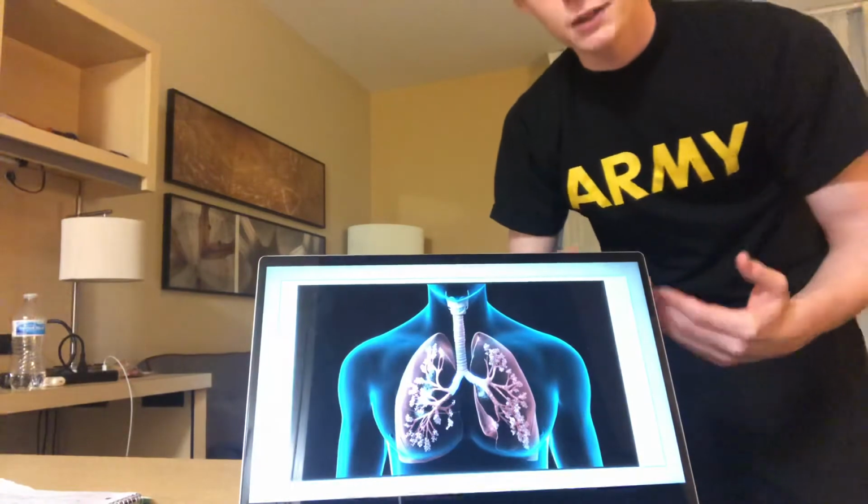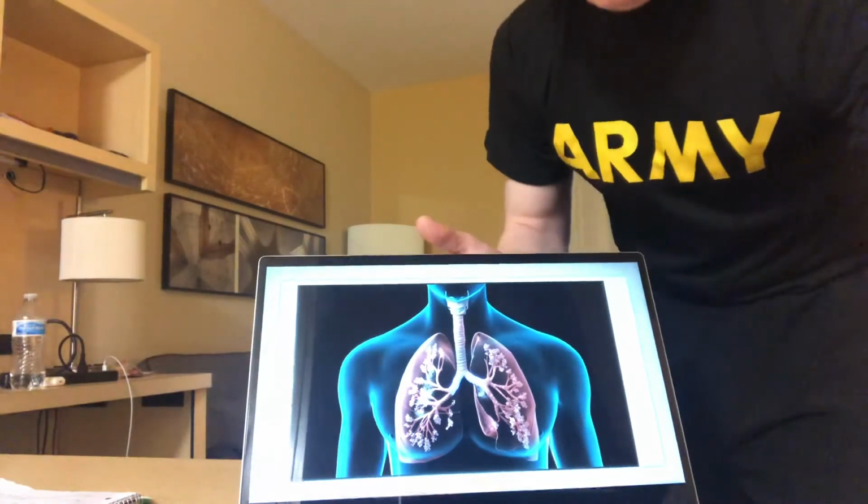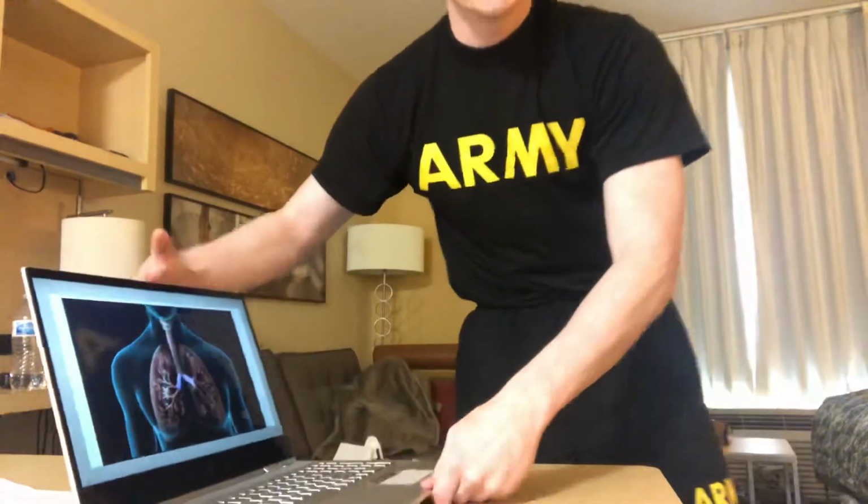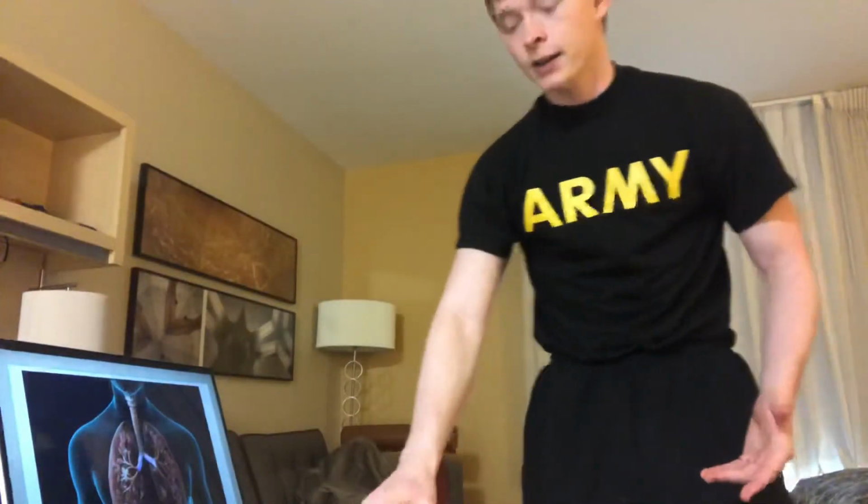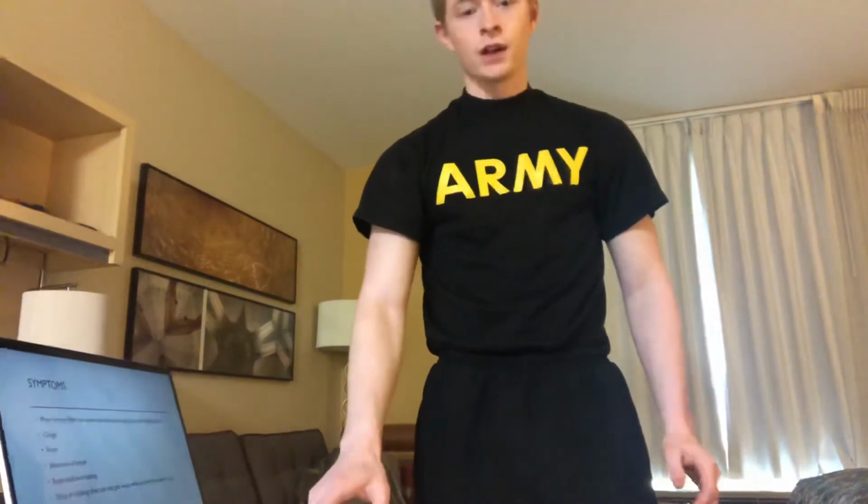Now, when someone has a weakened immune system, they cannot fight off the infection and are left helpless unless aided by medical staff, of course.